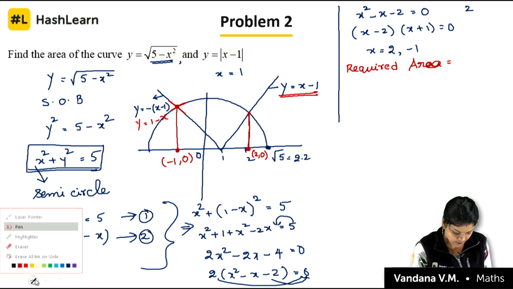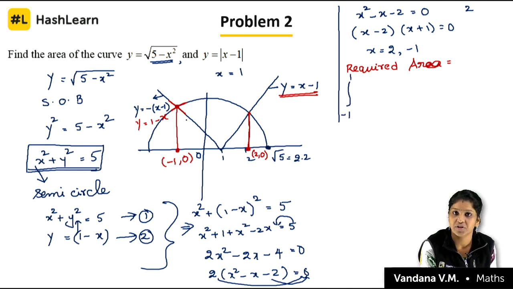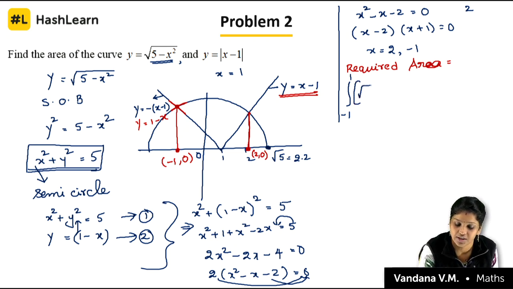I am going to split like this, that is integral minus 1 to plus 1. Here which is the upper line? Circle is the upper line. So, upper graph minus lower graph. So, that is root of 5 minus x square minus line equation.